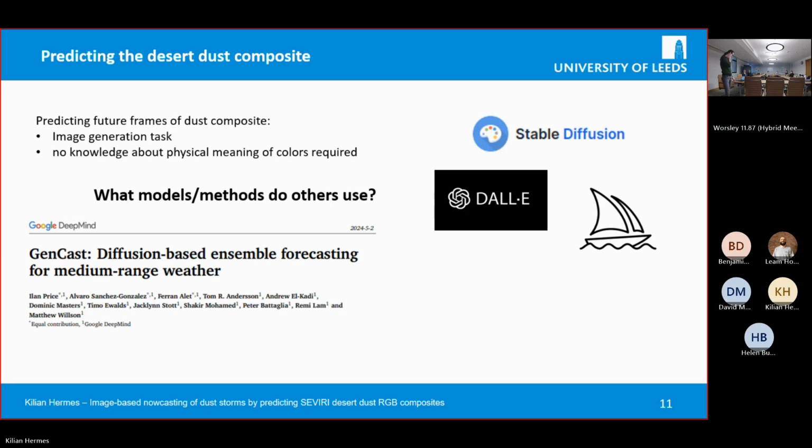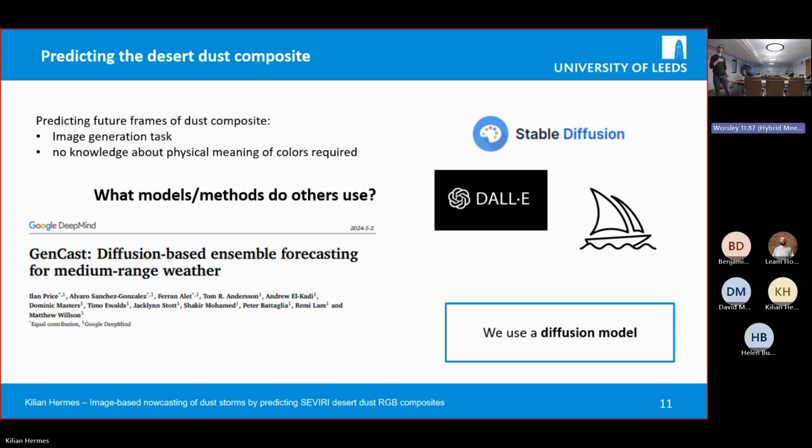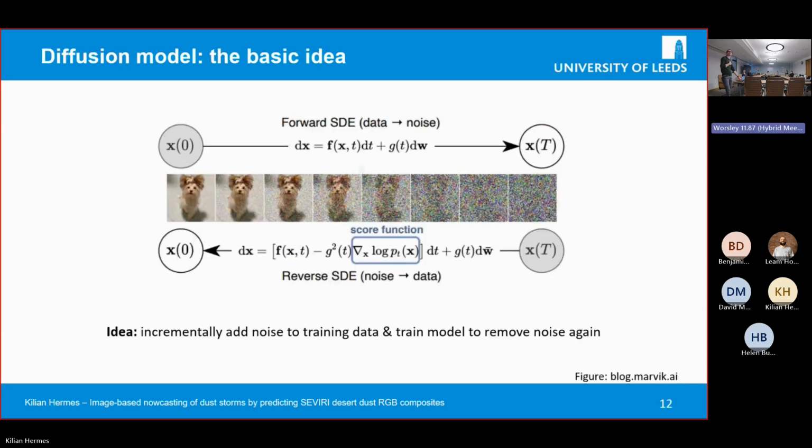I think the Guardian even had an article last week or the week before claiming that GenCast outperforms the ECMWF ensemble, but I haven't read it myself. But that is what we're sticking with now, a form of diffusion model for generating next frames of this composite image. So what is the basic idea behind diffusion models?